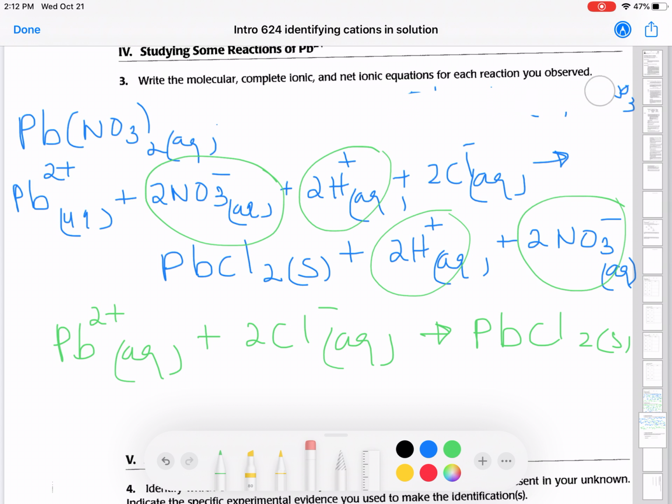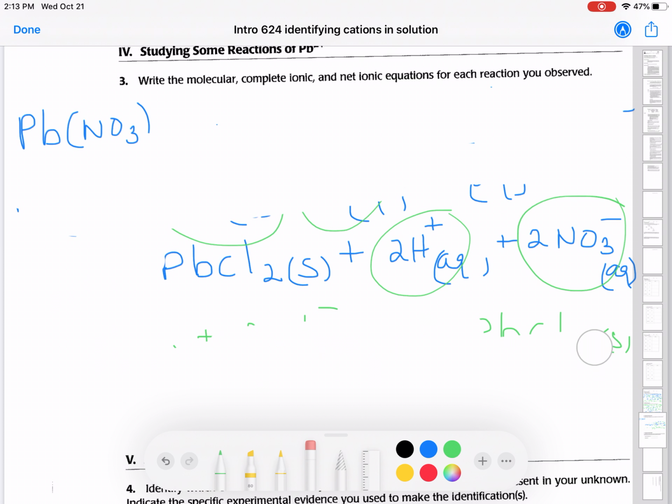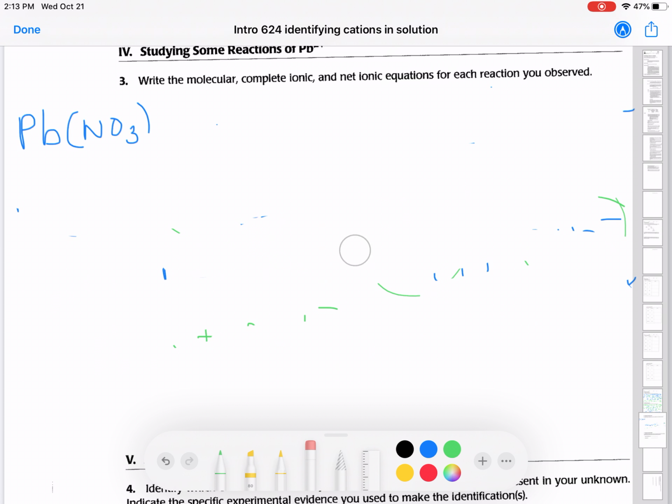I'm going to erase this. So we can write down the reaction with sodium sulfate.